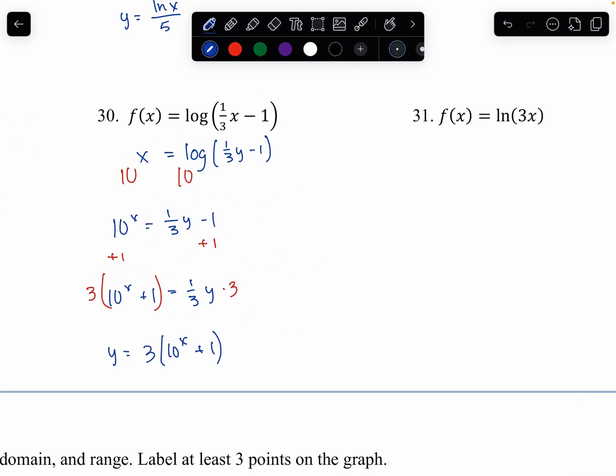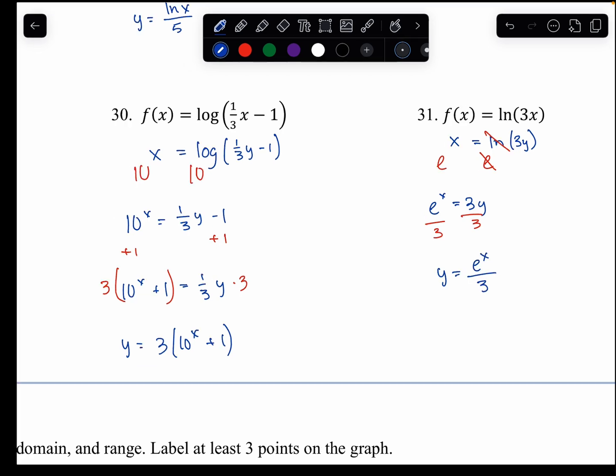Okay, and then here, so we have x is equal to the natural log of 3y. So we're going to exponentiate both of these sides with a base of e, because that will get rid of the natural log here. So e to the x is going to be equal to 3y, and then I can divide by 3. So I get y is equal to e to the x divided by 3.